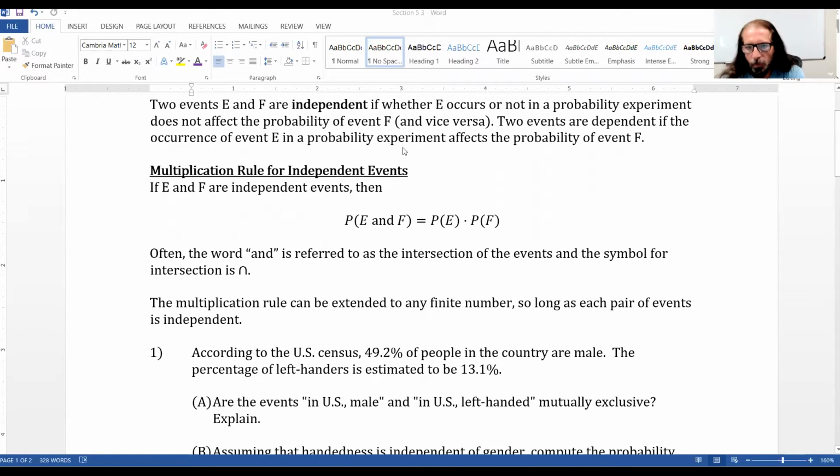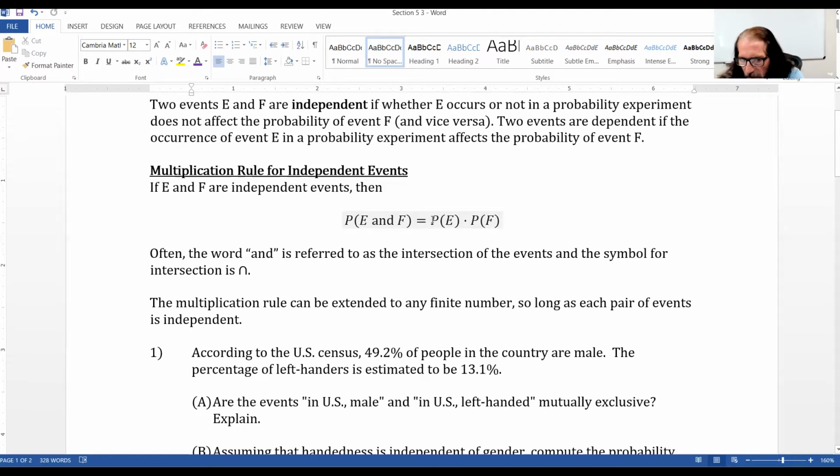Well, that's all fine and dandy, but how can we know for sure when two events are independent? We need a mathematical way of telling. If we know they are independent, then the probability of both E and F occurring would be equal to the product of the two individual probabilities, multiply them together.